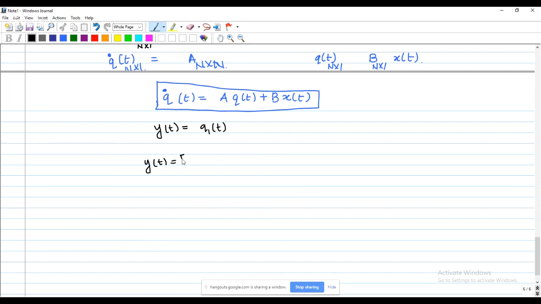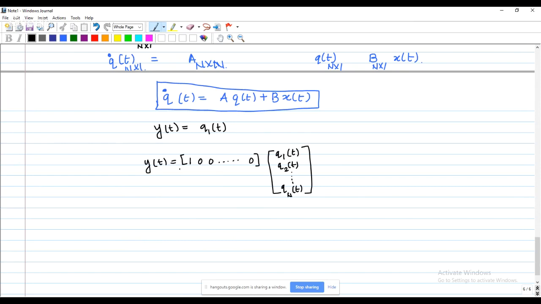It only has one variable, that is q1 of t. q2 of t will be 0, q3 of t will be 0, similarly all the other q's will be 0. I will multiply this row with a column of q1 of t, q2 of t, and so on to qN of t. This is how the state matrix will look. Agreed? You understood what I said?